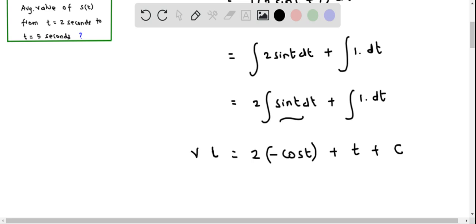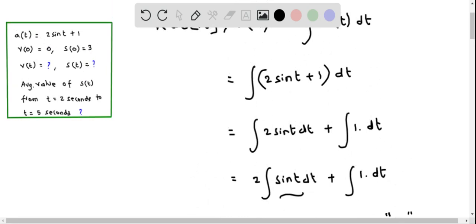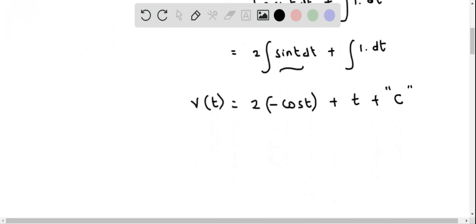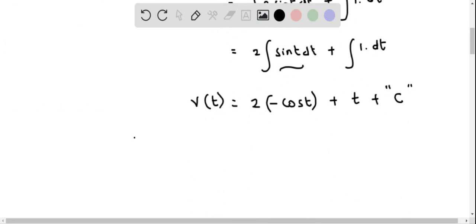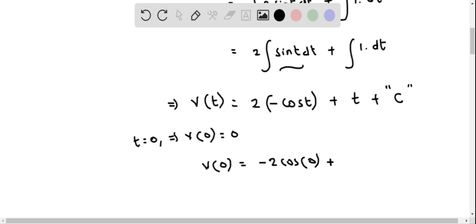So this basically is the velocity function, but we should determine the constant of integration c using the initial condition, that is v of 0 equals 0. So let's determine that. I'm going to plug in t equals 0, which implies v of 0 is given as 0. So v of 0 equals negative 2 times cosine 0 plus the constant of integration c.